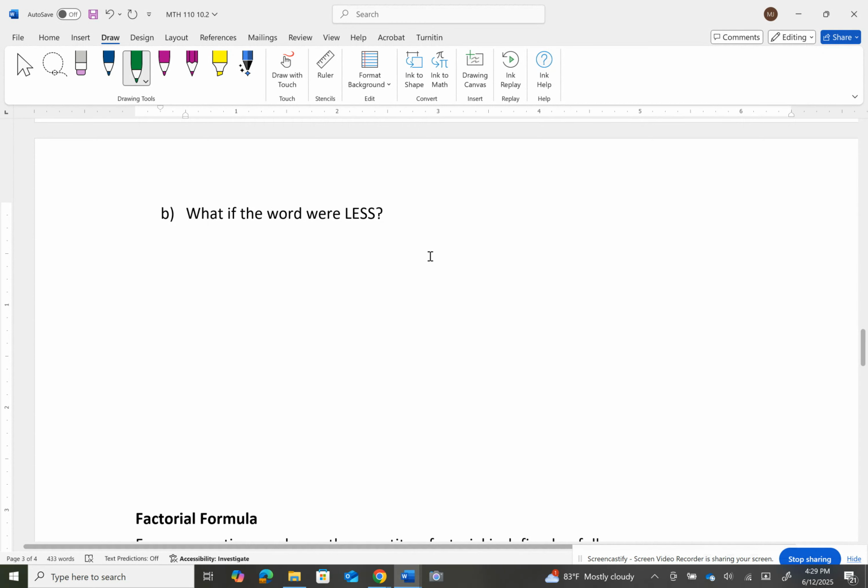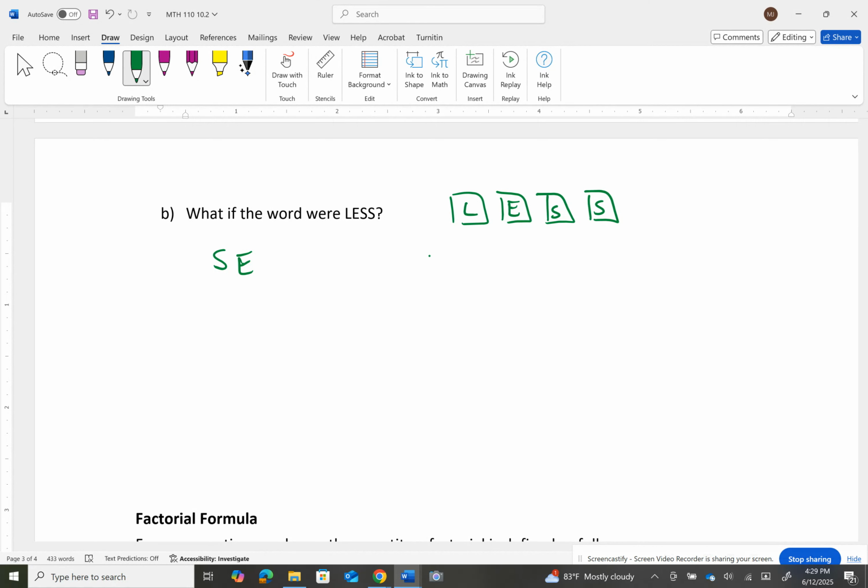You see, on this one, if I had L, E, S, and S on a slip of paper, and you reached in to pull out a letter, maybe you pull out an S. And then the next time you reach in, maybe an E, and so you've used up this S and this E. Next time you reach in, you get an L, and then the last time you get the other S, right?